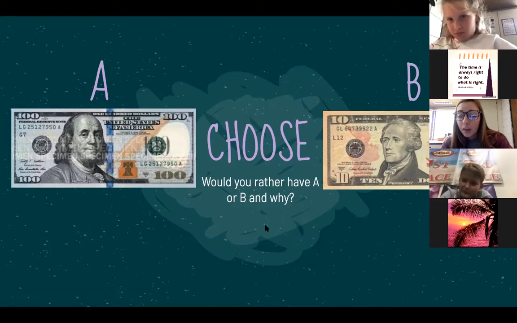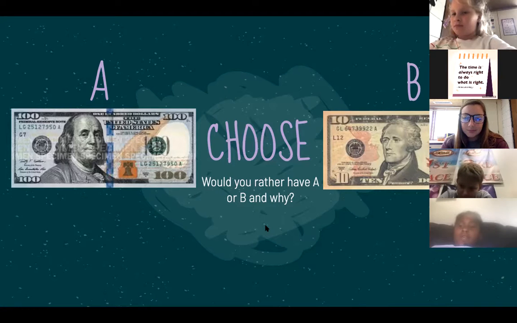Makes sense. All right, and Asia, what would you choose and why? I choose B because I feel like A is too much money. Oh, you think it's too much money? Okay, you might get in trouble, might spend too much. I see.